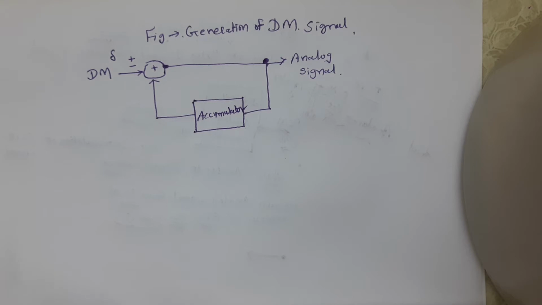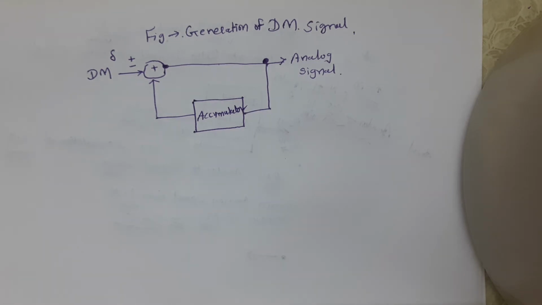Now the block diagram of demodulation in case of DM is given in this figure. Here the DM needs to transmit the first sample and then the DM wave. By combining both, the analog signal can be reconstructed from the DM wave in the following way.